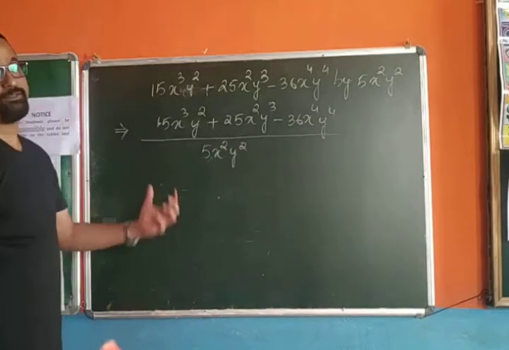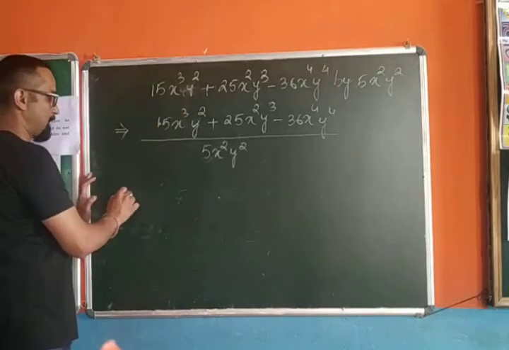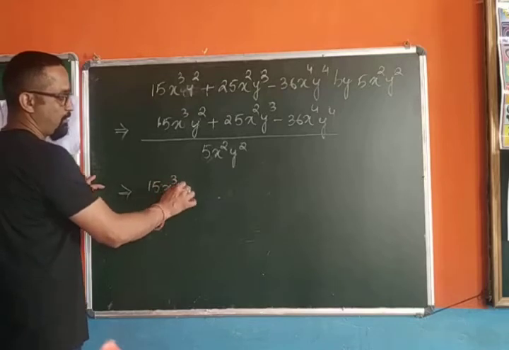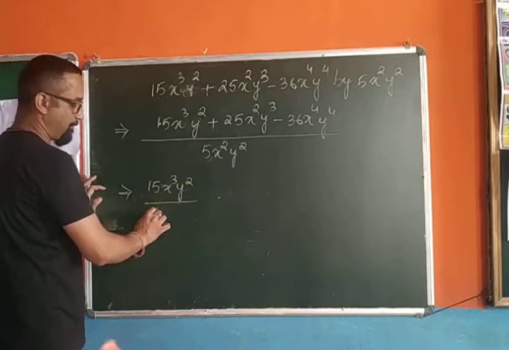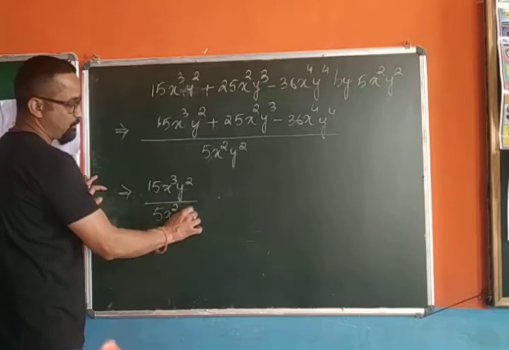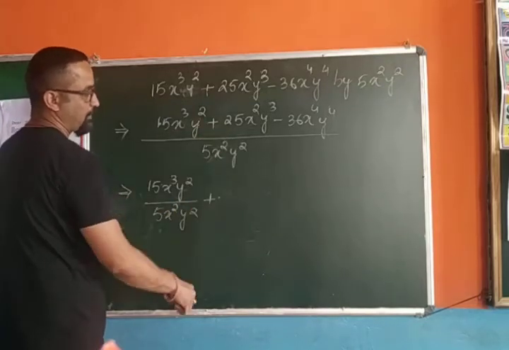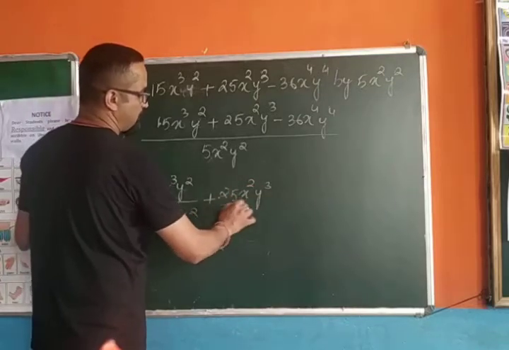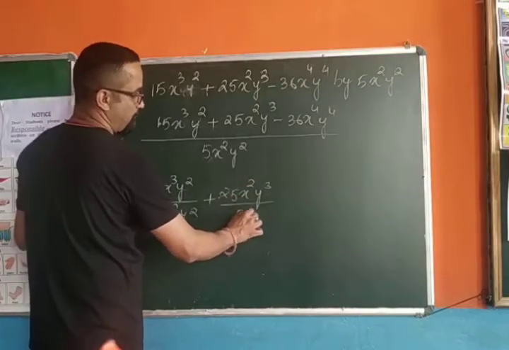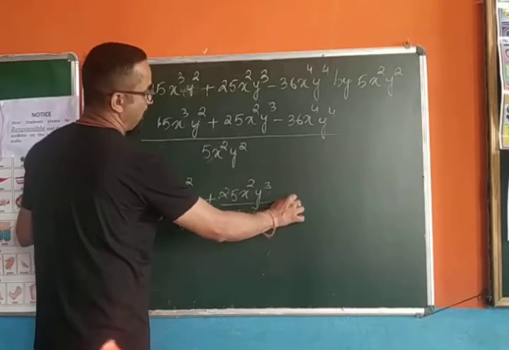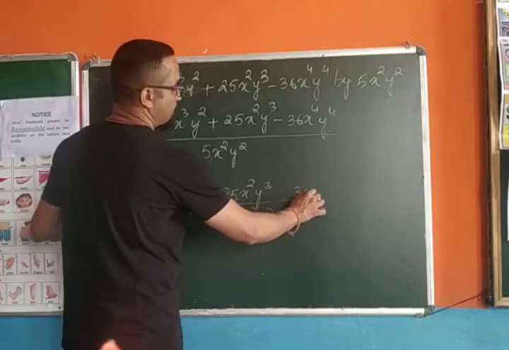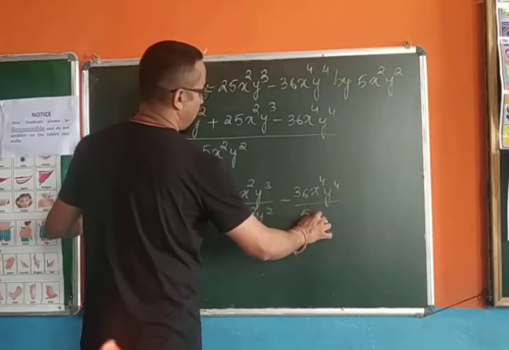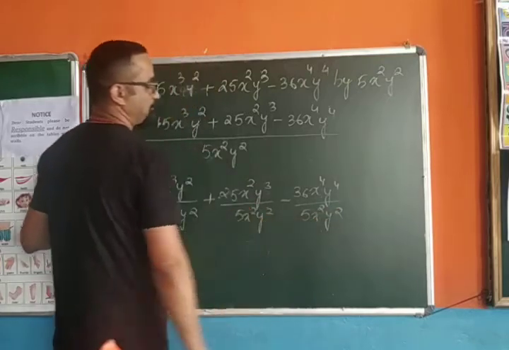You write individually, start dividing. 15 x cubed y squared divided by 5 x squared y squared, plus sign. 25 x squared y cubed divided by 5 x squared y squared, minus 36 x to the power of 4 y to the power of 4 divided by 5 x squared y squared.